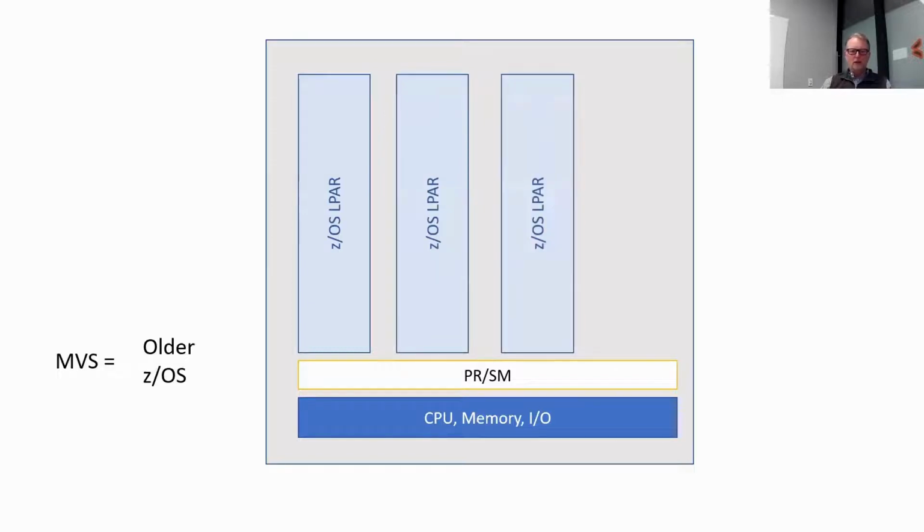Okay, so we have multiple LPARs that are defined using this Prism layer. It's part of the hardware, so it's nothing else that you have to run or operate. The systems programmer will control that and set that up. There's also an operating system called VM, which is a virtual machine. So you can run a z/VM system as a Prism LPAR. Don't confuse that with a VMware VM.